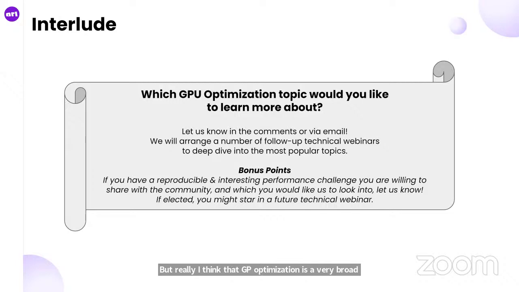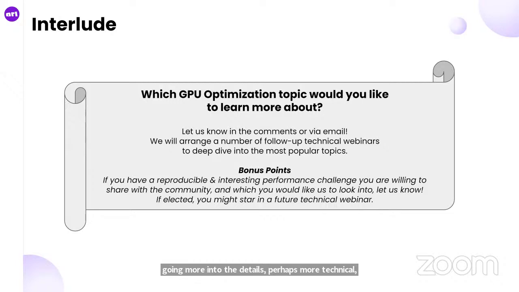And this particular session is really a high-level overview of all the key things that are important for AI and GPU optimization. But I believe there is room for follow-up sessions that are perhaps more technical, going more into the details of how to extract performance out of GPUs.